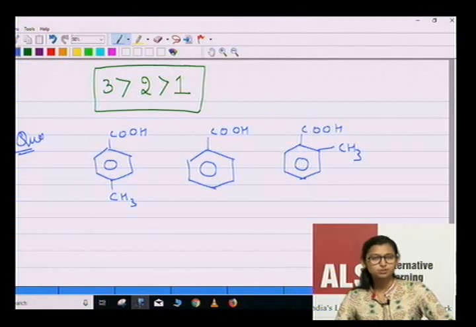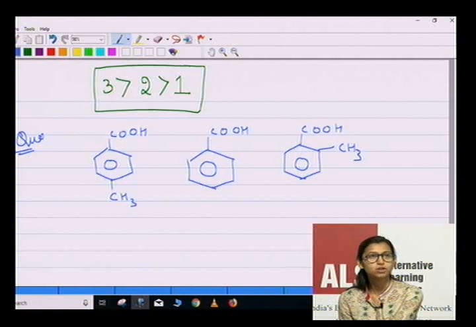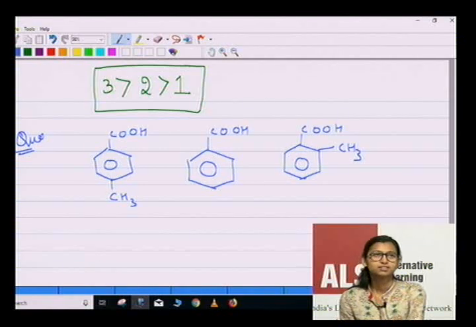Last desk is also there. Although you are not sitting on the desk, these are the chairs. What about the question? What is your answer? 3, 2, 1. Someone is saying 3, 2, 1.